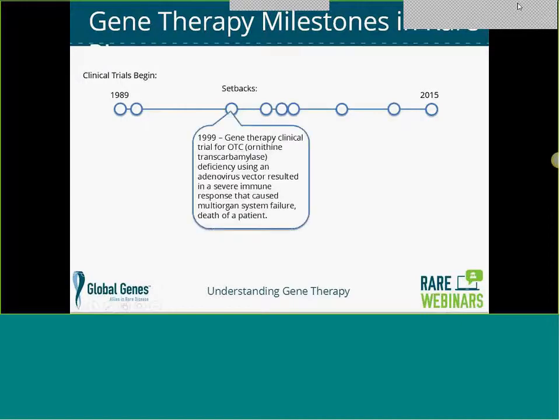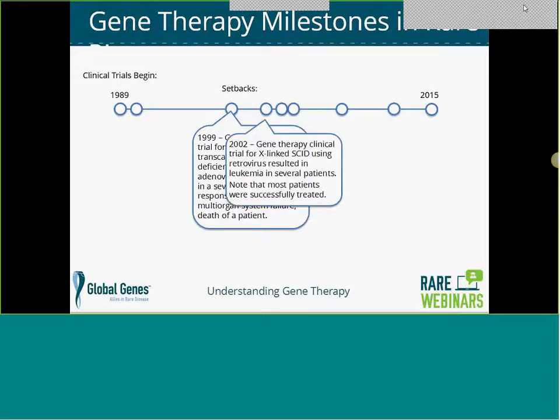Next, please. Then there were some setbacks in the field, so more trials began ramping up. In 1999, a gene therapy clinical trial for ornithine transcarbamylase deficiency using an adenovirus vector resulted in a severe immune response that caused multi-organ system failure and the death of a patient. Another setback happened several years later, which was a clinical trial for another form of severe combined immunodeficiency.